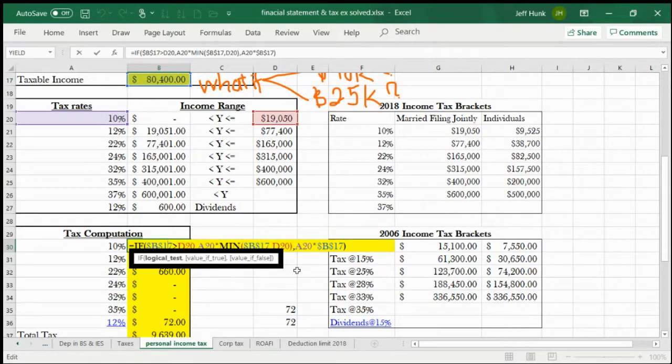The second comma means otherwise do something else. So this condition is met now, so it will execute this, not the other scenario. So it will multiply the upper bound and then 10%.